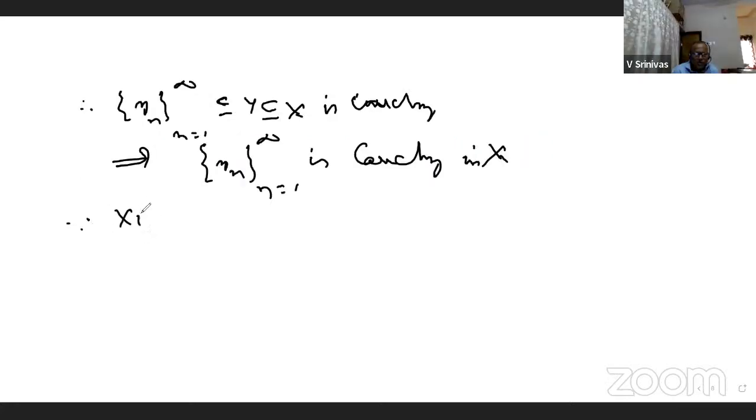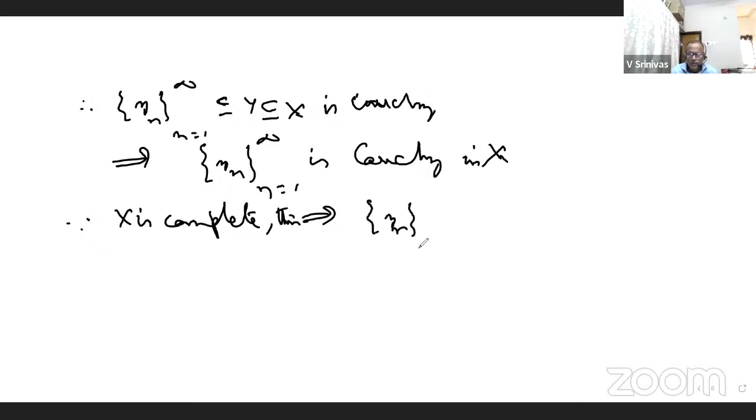Since capital X is complete, this implies that Yn converges to some x in capital X.